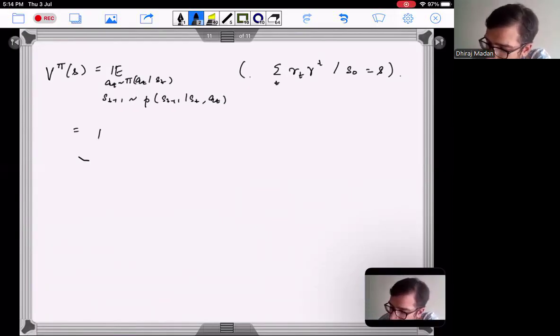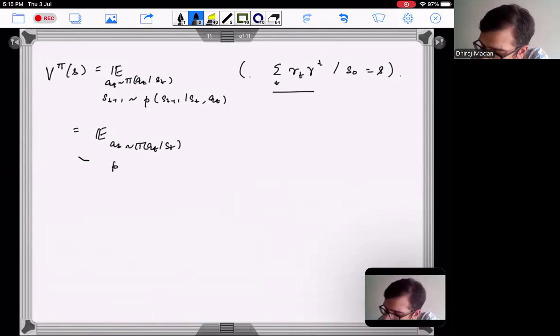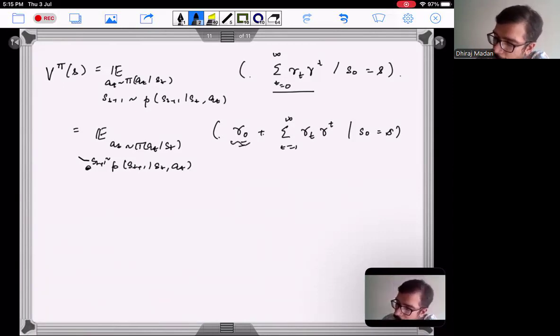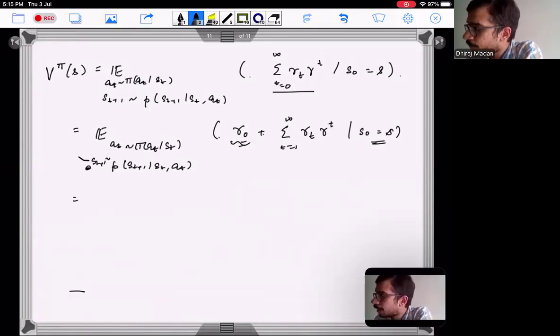Let's look at this huge sum and separate out the first term, which is R0. Next, I have T from 1 to infinity, whereas earlier it was 0 to infinity, with RT gamma to the power T, conditioned on the fact that S0 is S. Since R0 is just R of S0, if I condition on it, I already know that this is going to be R of S, so I can take it outside.